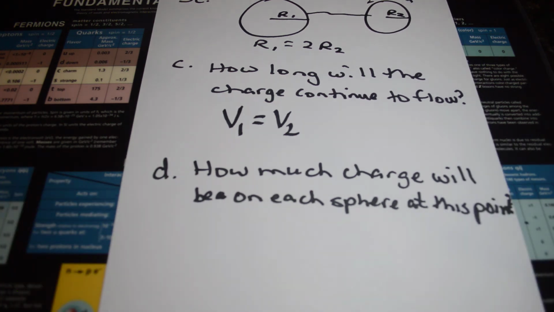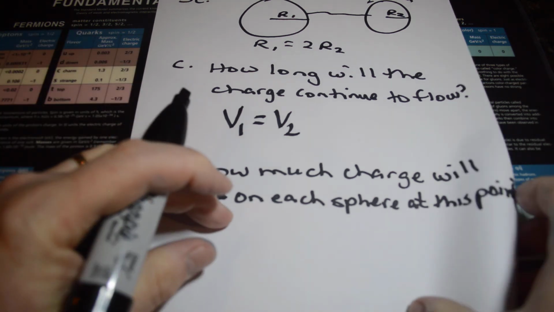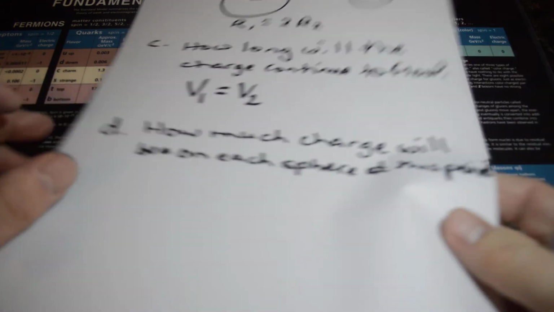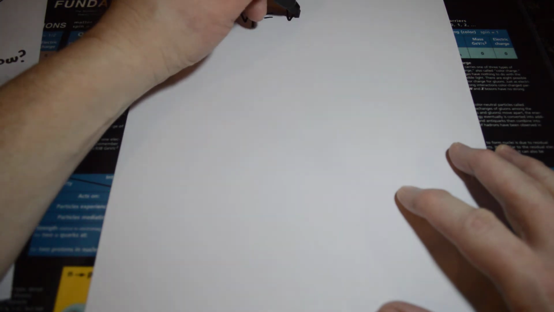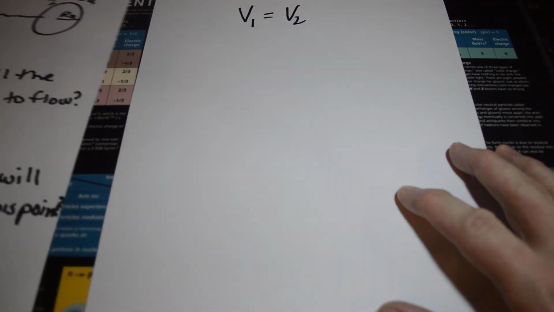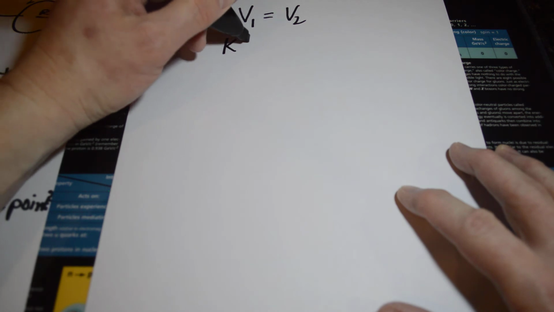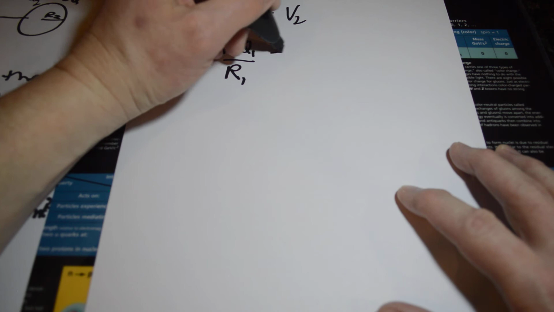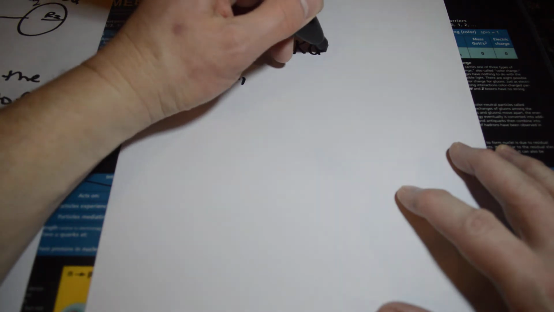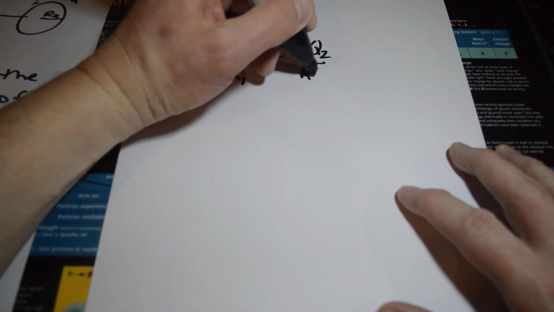Okay, so again, we might just go ahead and write on another sheet of paper. We're expecting that the potential on each sphere is the same. So that would be kQ1 over R1 is equal to kQ2 over R2.